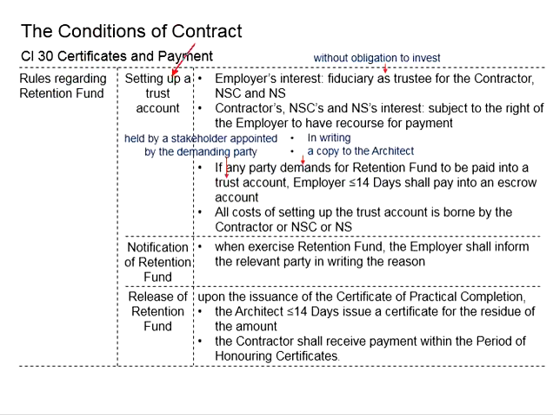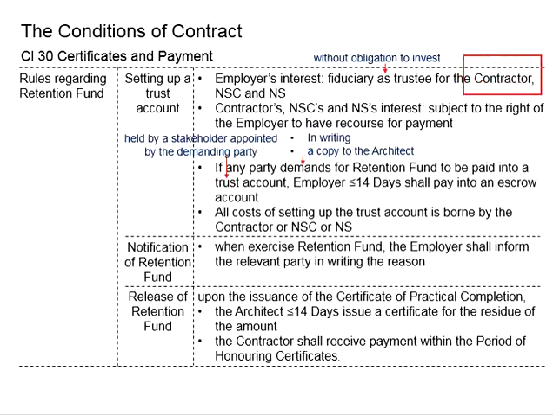First is about setting up a trust account. You know that this retention fund is retained by the employer during payment made to the contractor. Therefore, this amount is theoretically in the employer's hand. In other words, the employer is now the trustee for the contractor, NSC and also NS.